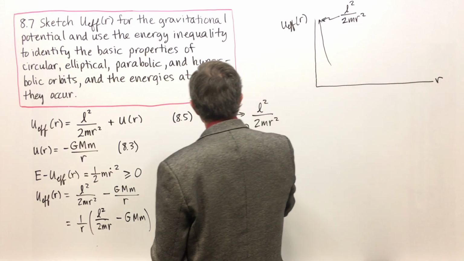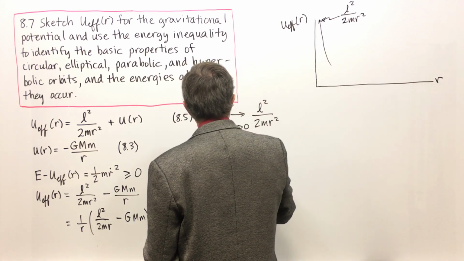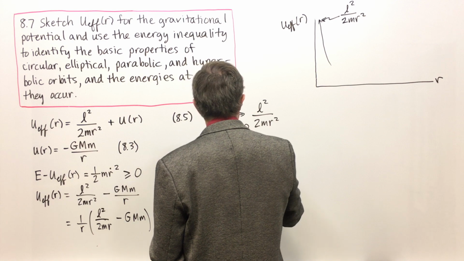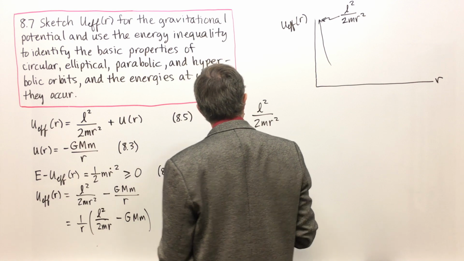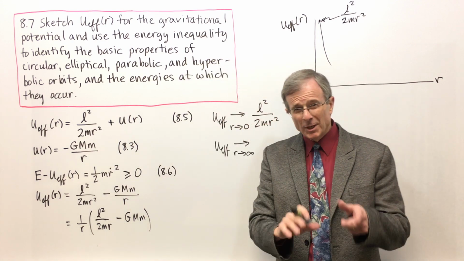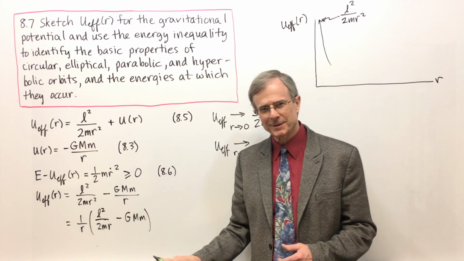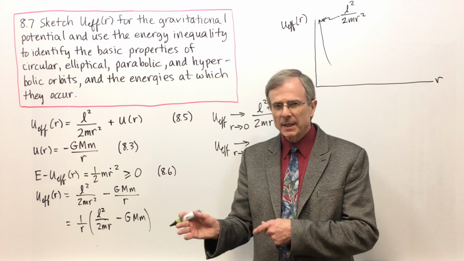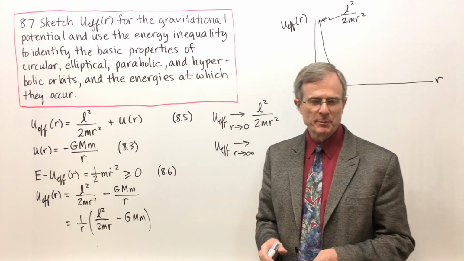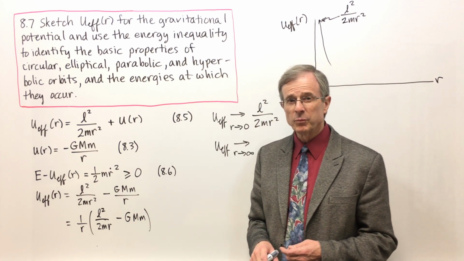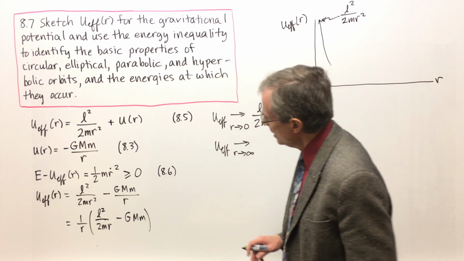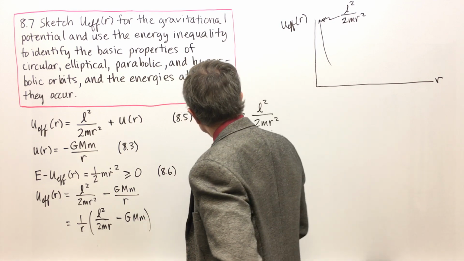What about as r goes to infinity? As I've talked about before, the ability to plot out a function just by taking limits and looking at the maxima and minima as needed is very, very important. All right, so what about r goes to infinity?